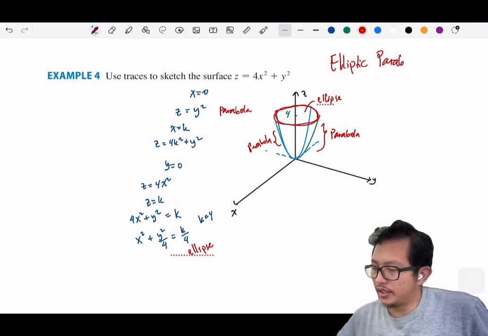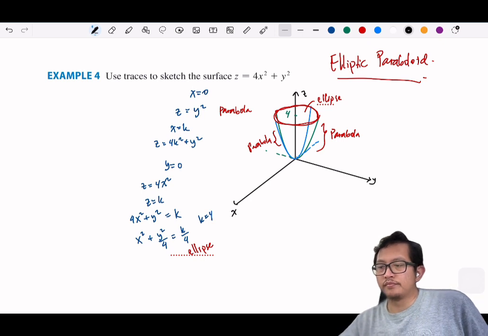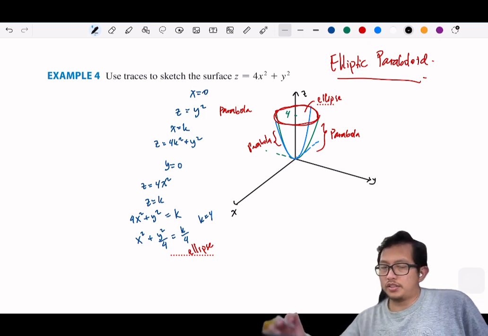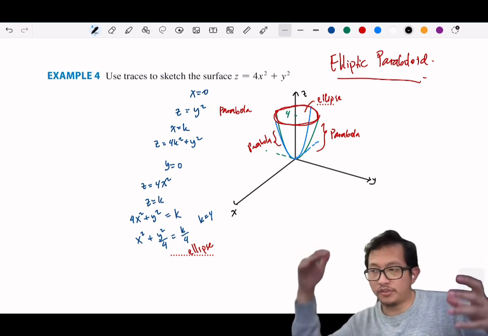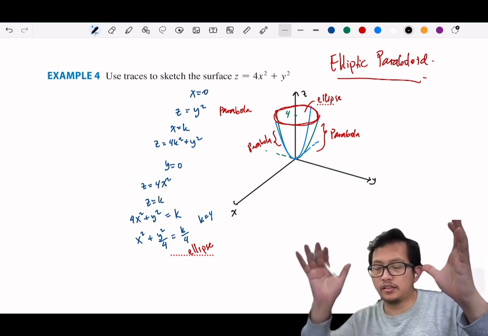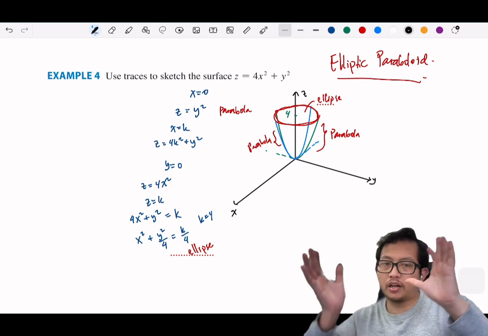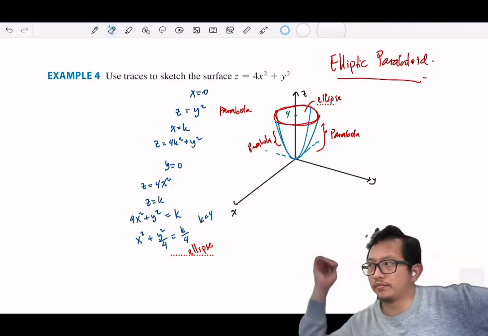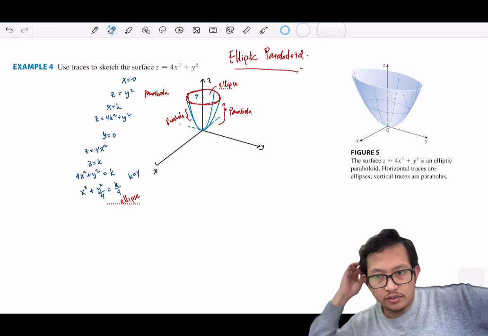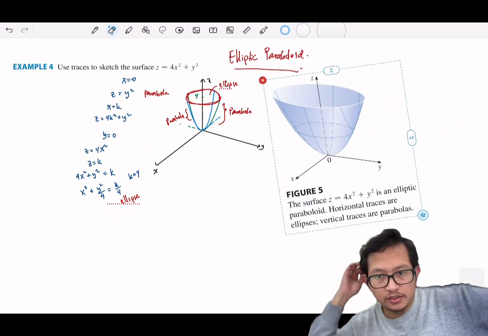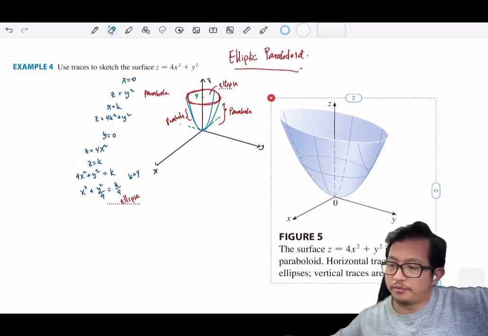We call this an elliptic paraboloid, which has an ellipse as one top surface, and then the other part of the surface will be the parabola. So basically that is our elliptic paraboloid.